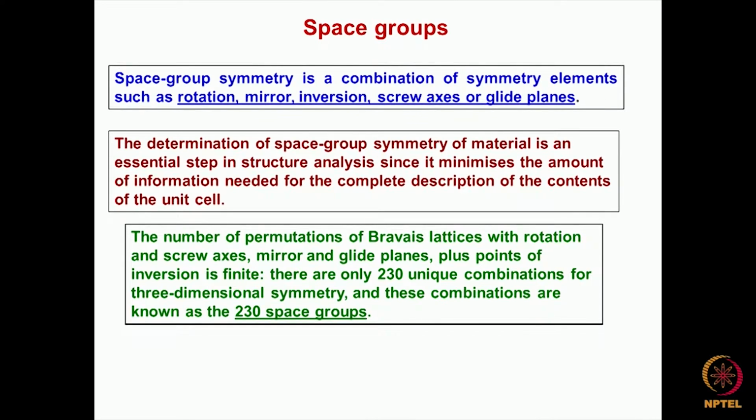On the basis of the symmetries generated, we find that distinctly 230 groups are possible. When we generate these space groups, we are doing this around a lattice, which means we are now generating crystals. What all types of symmetry crystals can have, only 230 types we can have.